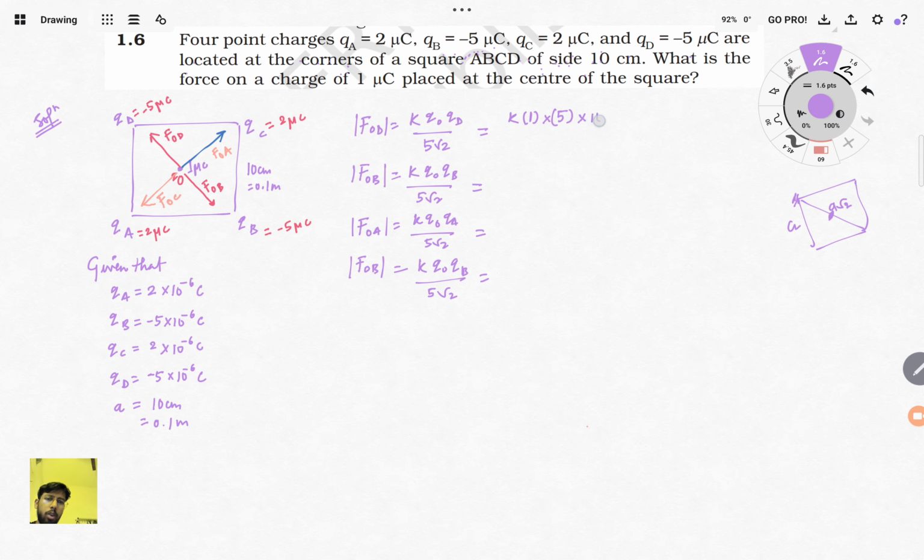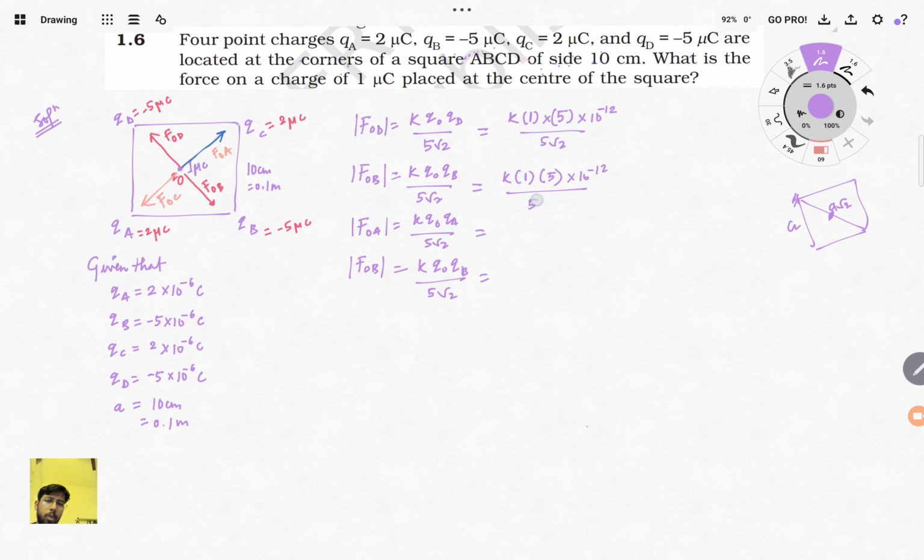Microcoulomb into microcoulomb gives 10 to the minus 6 times 10 to the minus 6, which is 10 to the minus 12, by 5 root 2. And for FOB, it is K times 1 for Q naught, Q_B is minus 5 microcoulomb, and as I said earlier, I am only calculating magnitude. So 5 into 10 to the power minus 12, since micro of Q naught and micro of this 5 is 10 to the power minus 6 each, multiplied equal to 10 to the power minus 12.